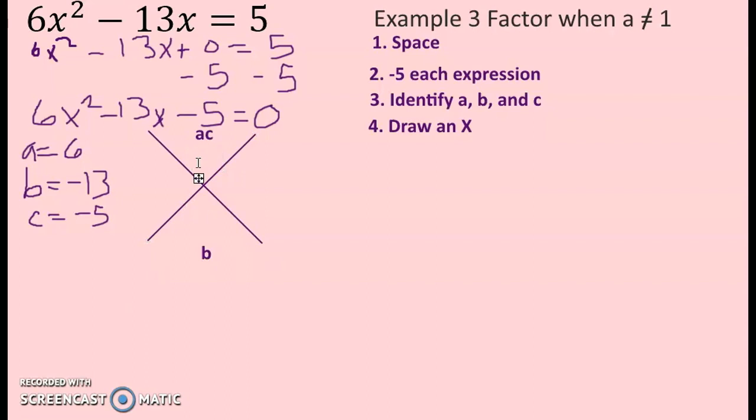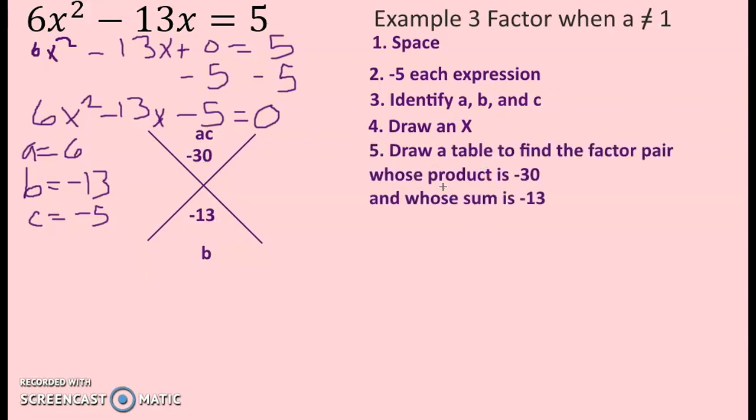A times C is 6 times -5, that's negative 30. And B is negative 13. So we're going to find two numbers that multiply to give you negative 30 and add to give you negative 13. We're going to draw a table to find the factor pair whose product is negative 30 and whose sum is negative 13.